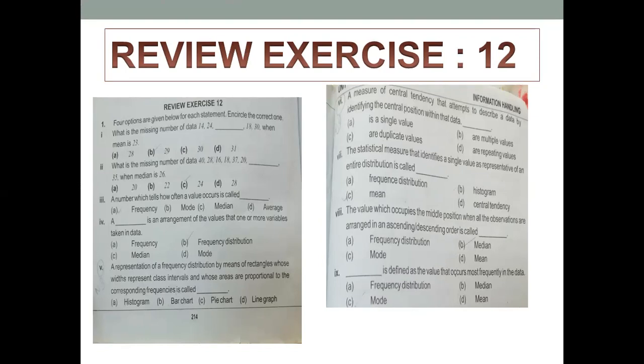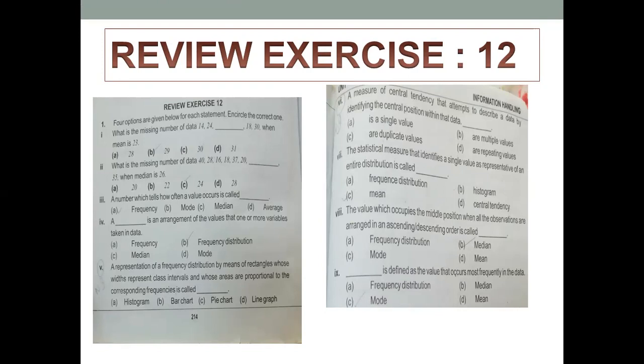What is the missing number of the data when the median is 26? The number which tells us how often a value occurs is called frequency. A dash is an arrangement of the values that one or more variables take in data. This is frequency distribution. Parts 5 and 6 are not included.